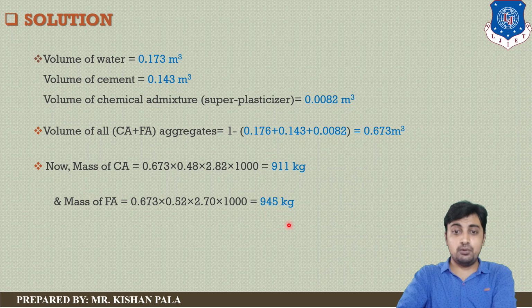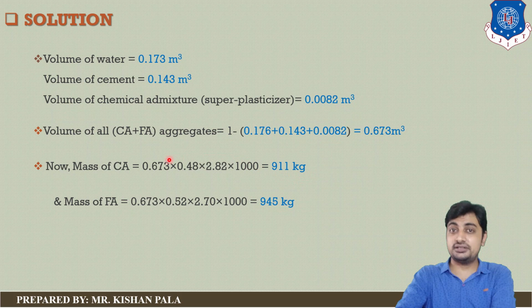Then we can find the mass of the coarse aggregate and fine aggregate. For the coarse aggregate, the calculation is 0.673, the total volume of aggregate, times 48 percent, times 2.82, the specific gravity of the coarse aggregate, multiplied by 1000, which gives 911 kilogram.